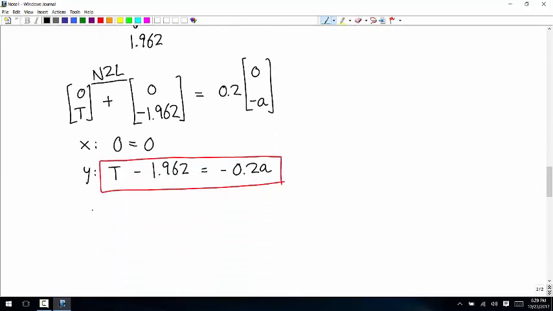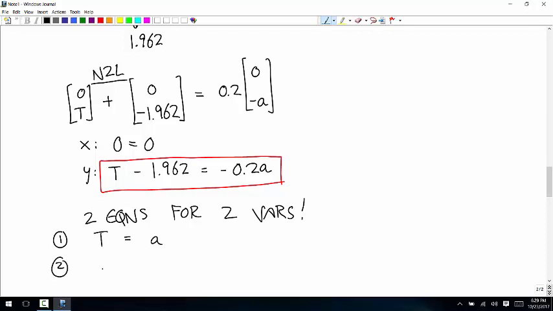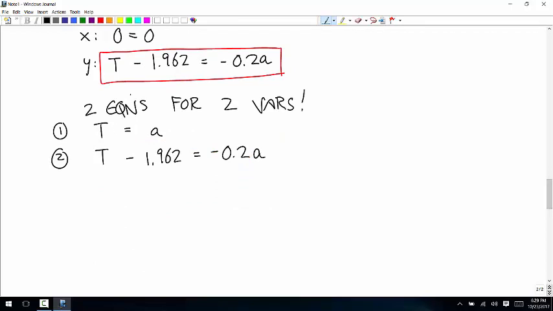Okay, so two equations for two variables. The first one was T is equal to a, and the second one says T minus 1.962 is equal to negative 0.2a. You can always solve these by substitution, so let's take equation 1, which says that anywhere there's a T in equation 2, we can substitute an a.